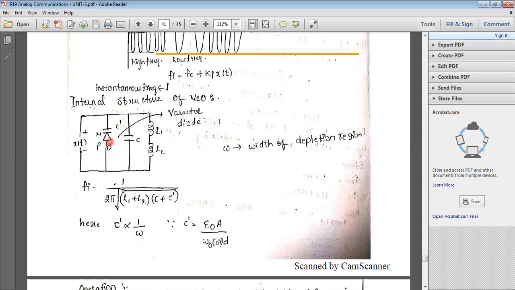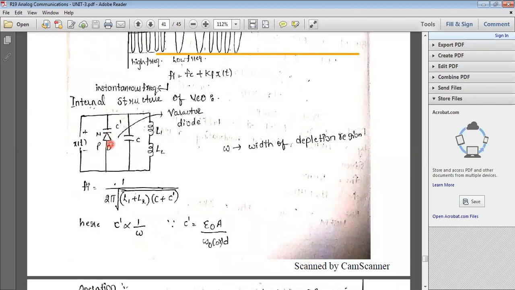In accordance with the applied input voltage, the capacitance value of this diode changes. That's why this is the symbol for the varactor diode. It is just like a normal PN junction diode, but in place of the cathode, here we have a capacitance. That is the symbol representation for the varactor diode.